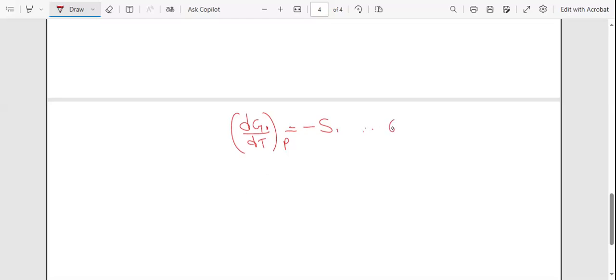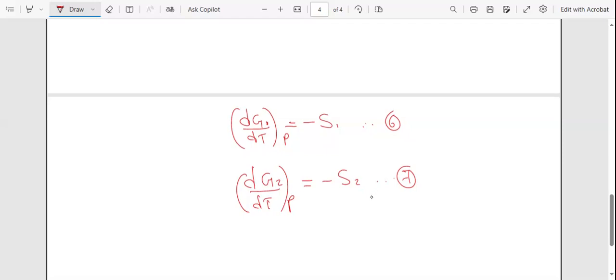This I'll name equation 6. Then again I can have dG2 over dT at constant pressure is equal to negative S2. This will be equation 7.